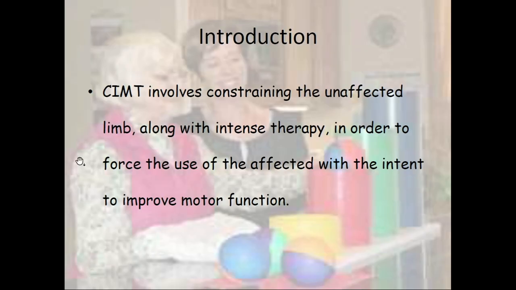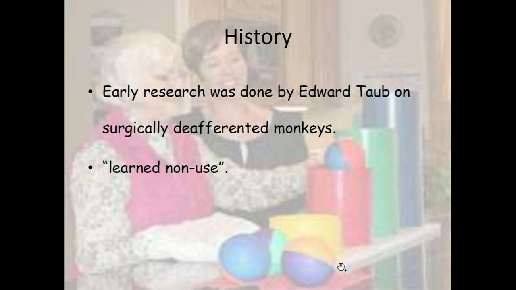So this is just the introduction to what we did in CMT, just a brief revision. CMT involves restraining the unaffected limb along with intense therapy in order to focus use of the affected limb, with the intent to improve motor function. We've seen the history: Edward Taub's study was done first on surgically deafferented monkeys.